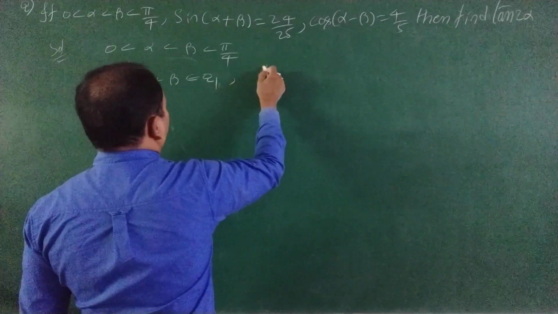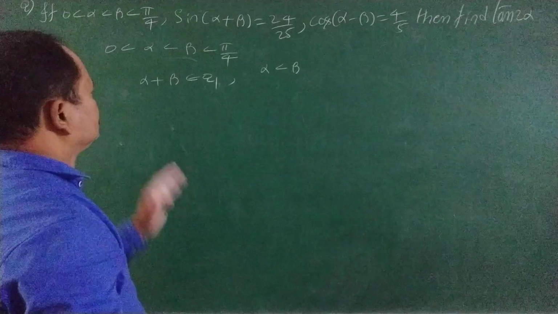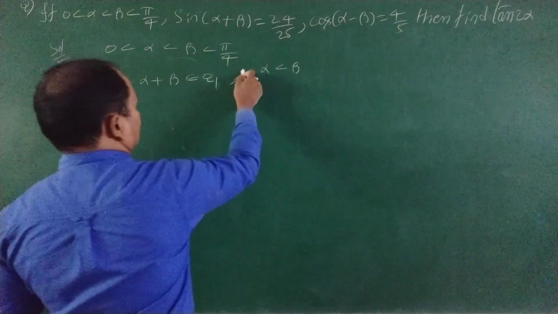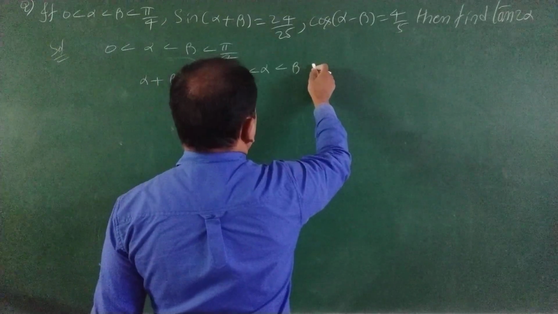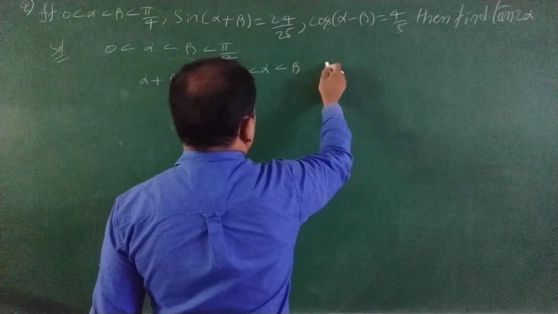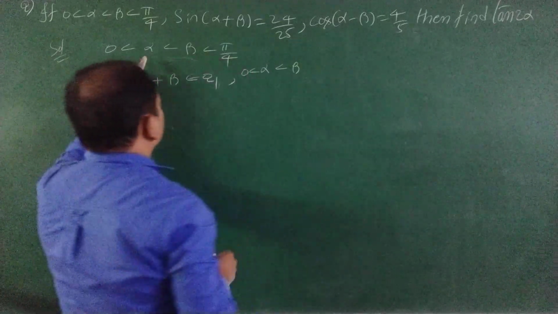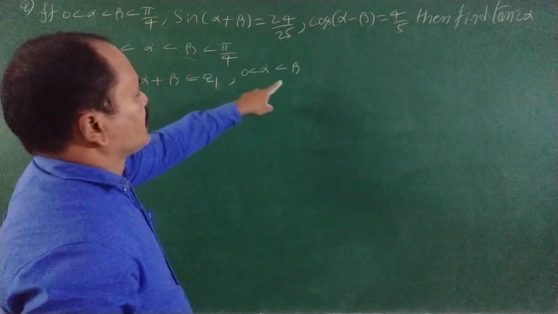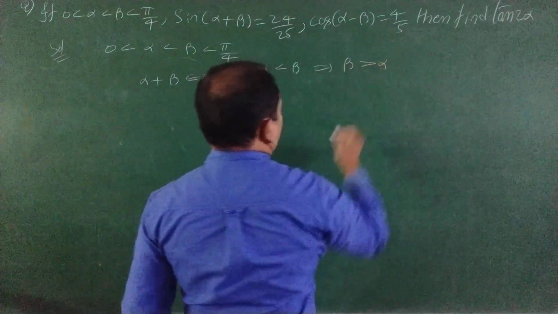Now alpha is less than beta, that means beta is greater than alpha.